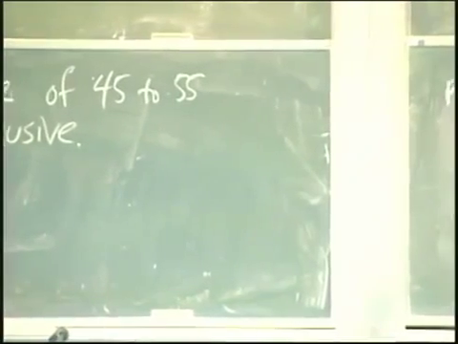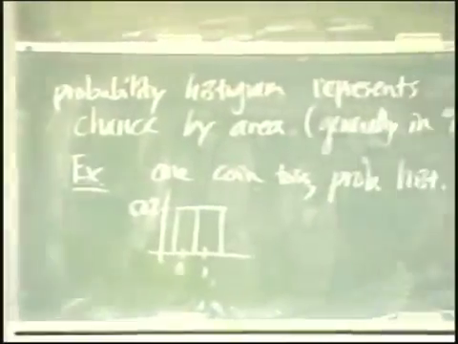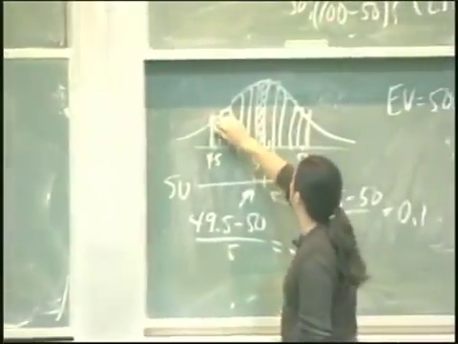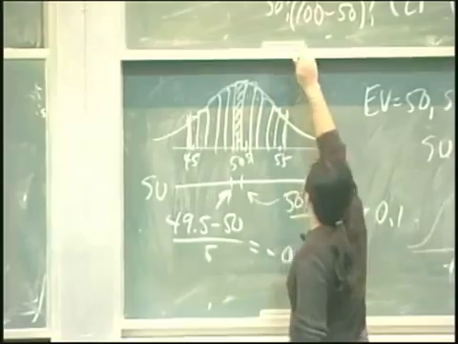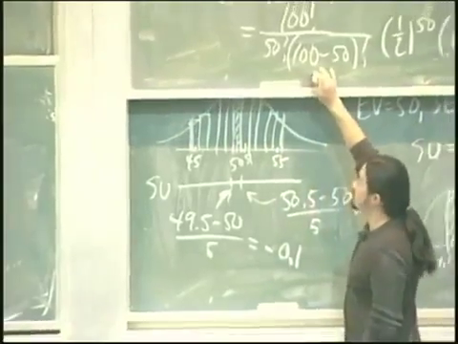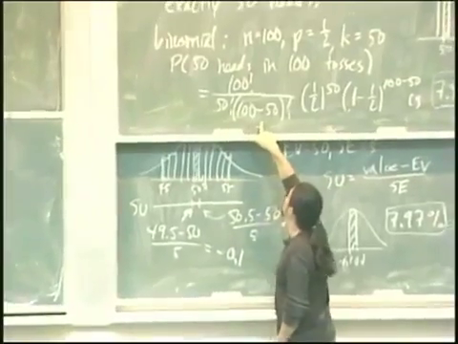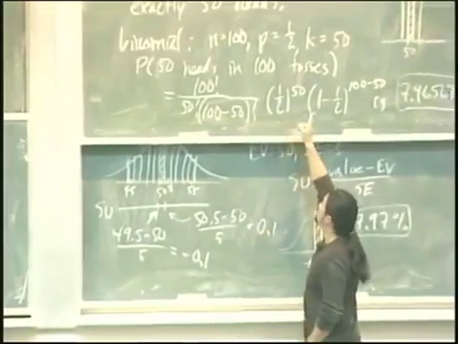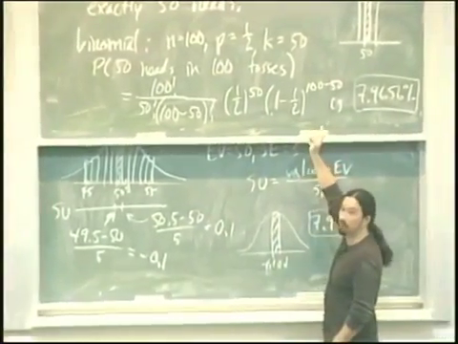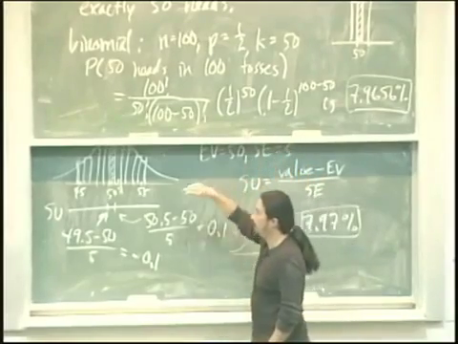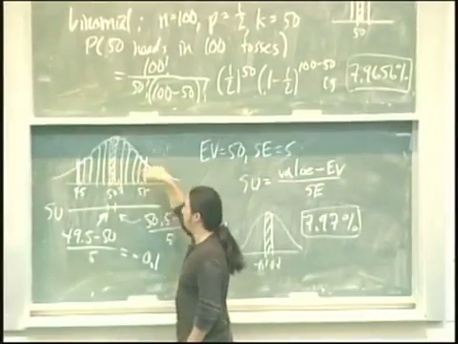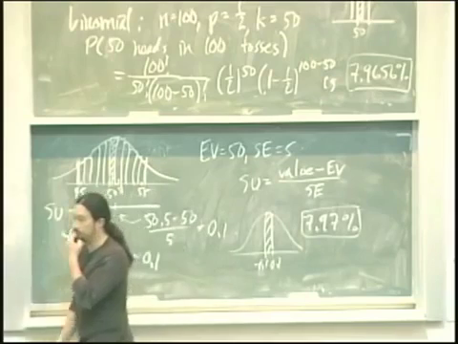Now, again, the right answer I could find using binomial. I could figure out the probability of each of these bars individually. The chance of 45 would be 100 factorial over 45 factorial, 55 factorial, 1/2 to the 45, 1/2 to the 55, okay? I could do it for every bar separately, add them all up.